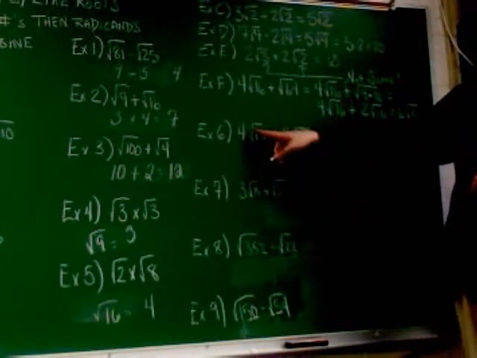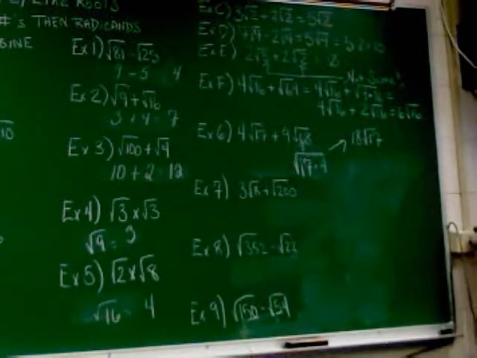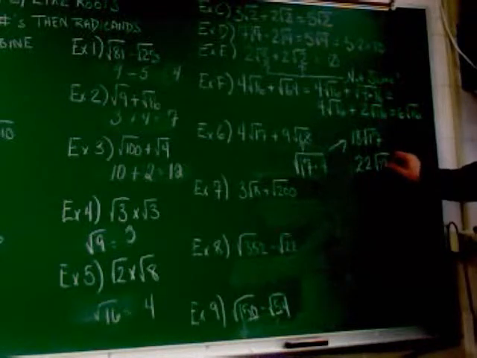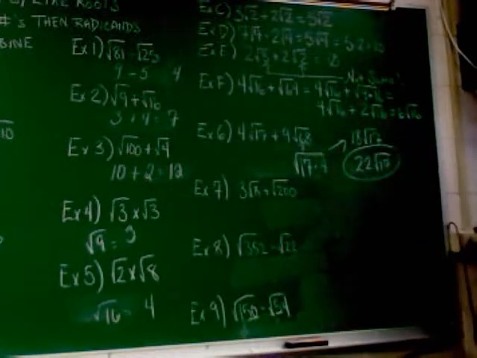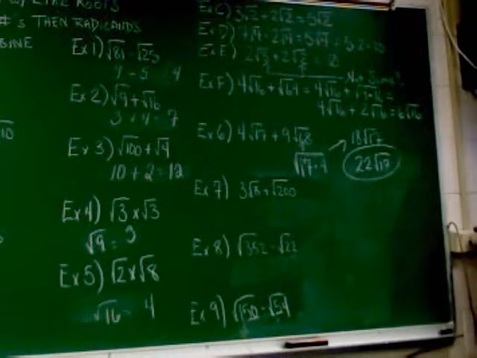So if I have 4 root 17s and I'm adding 18 root 17s, how many root 17s do I have? 22. I have 22 root 17s. A lot of people screw this up and they get the 22 part right, but they say it's root 34. The root stays the same. It's like the denominator in a fraction. It doesn't change.